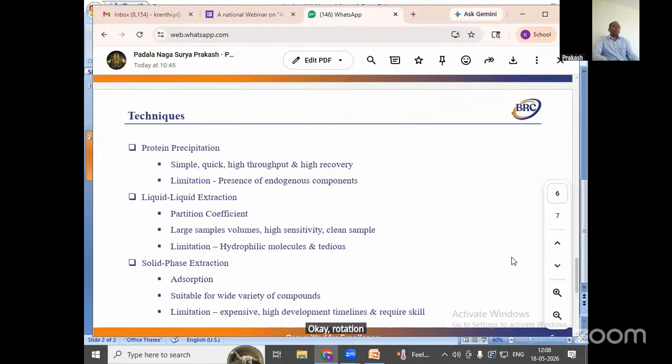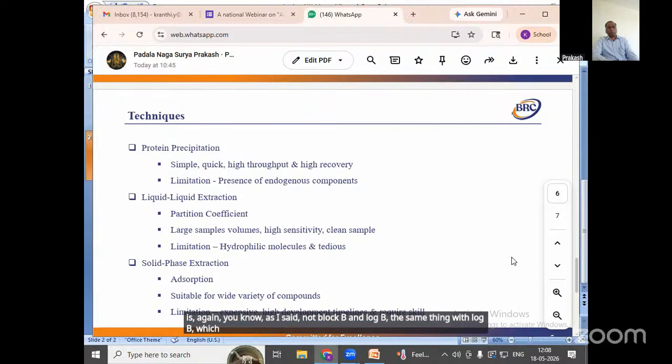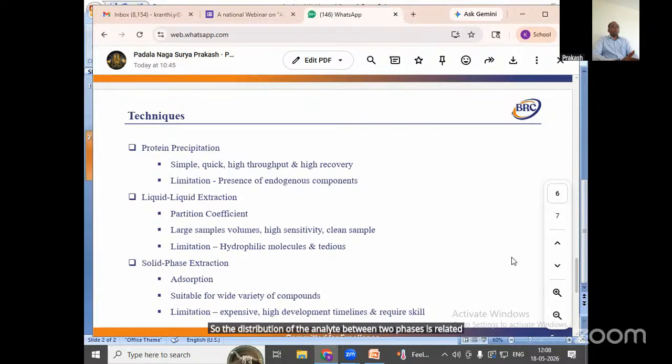So coming to the LLE. The principle involved in LLE is the partition coefficient. Again, as I said, it is log P, the same principle which is involved here as well. So the distribution of the analyte between two phases is related to its log P or log D values.